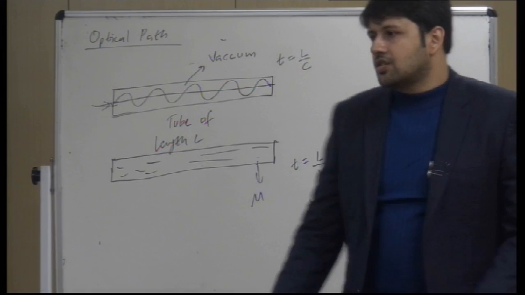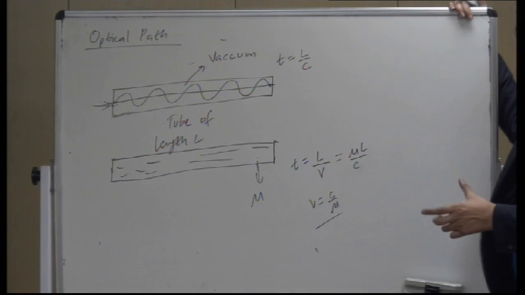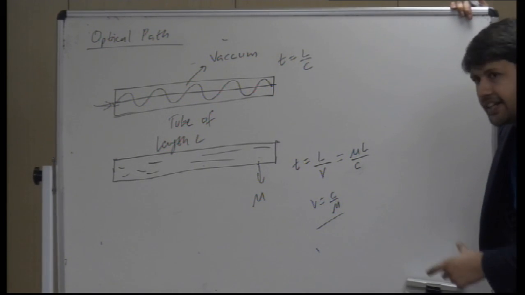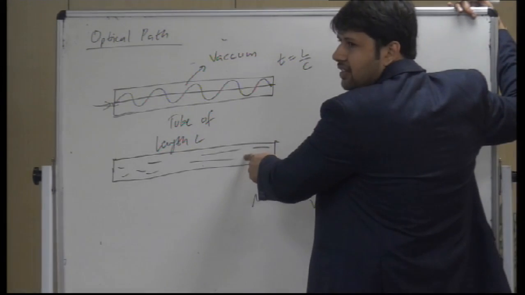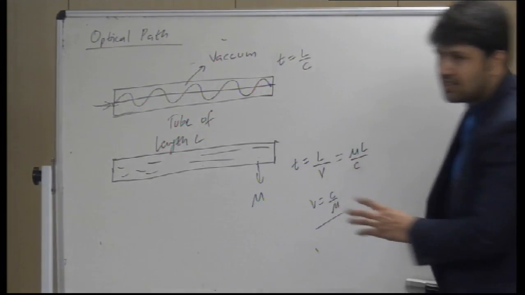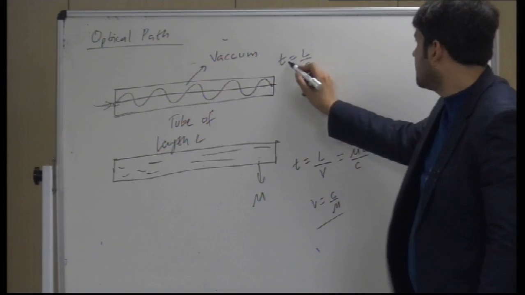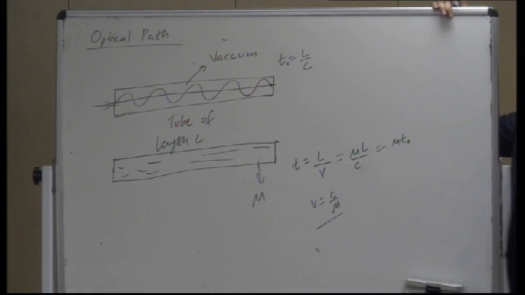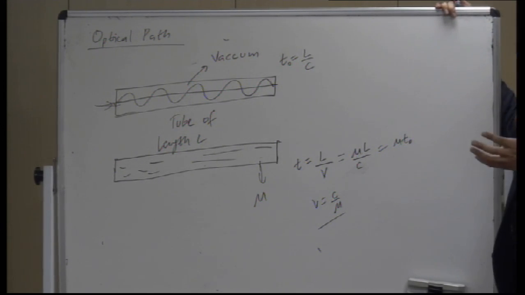Same distance in both the cases. But for light, what is happening? Light is taking more time to travel through this distance. This is t naught, so let's call it mu t naught. Light takes mu times the time in the medium. So we can do two things.